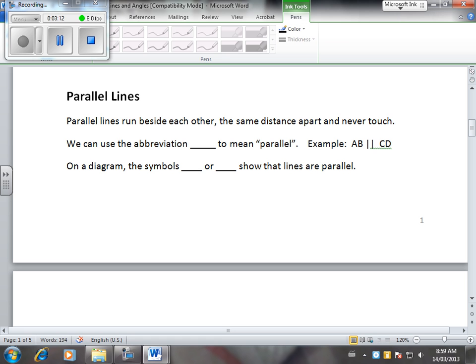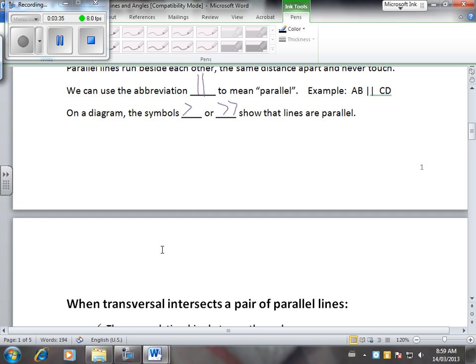And for denoting parallel lines, of course there is a symbol in math, and it's 2 straight lines. Okay, so the example: AB is parallel to CD. On a diagram, we also have another symbol here. If you see symbols like this, it shows that those lines are parallel.